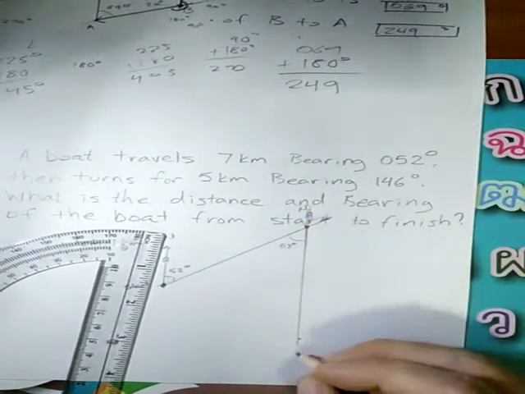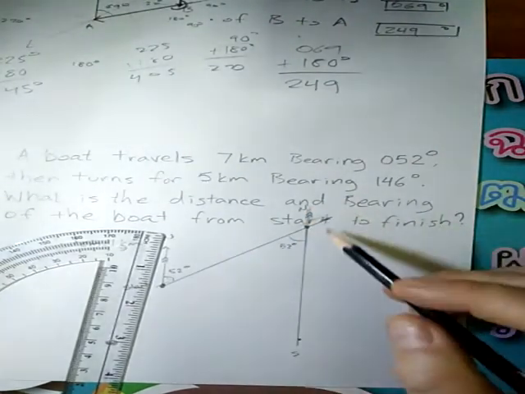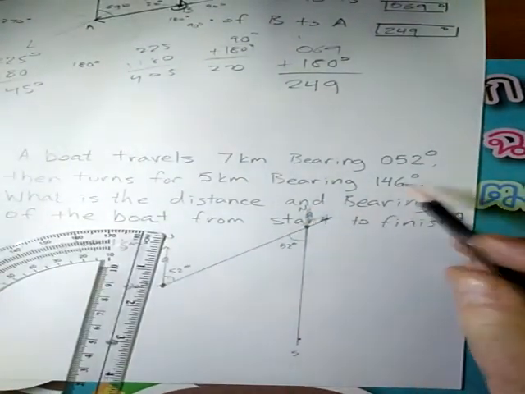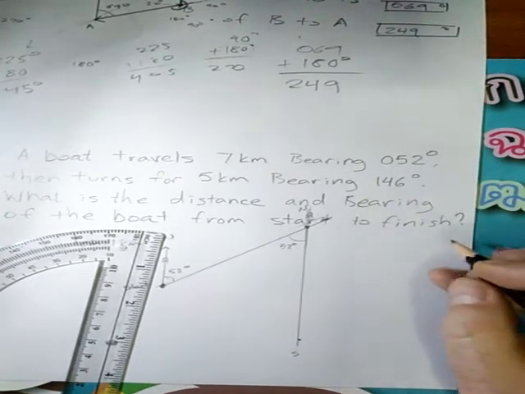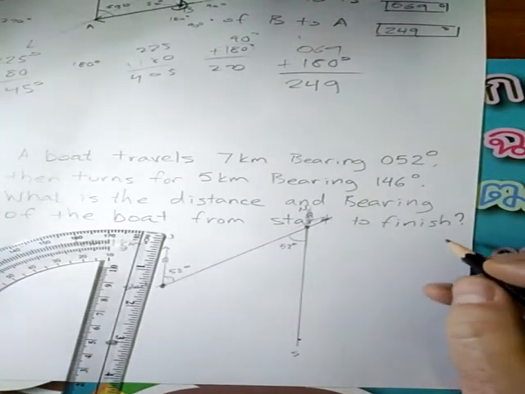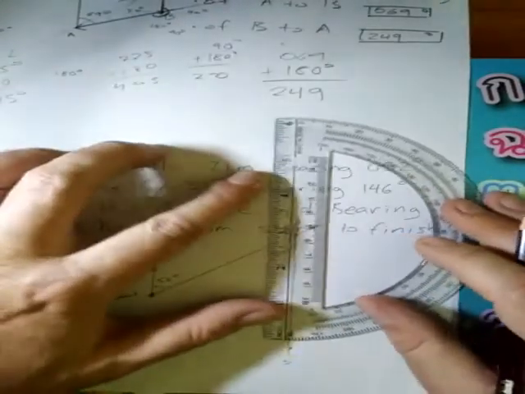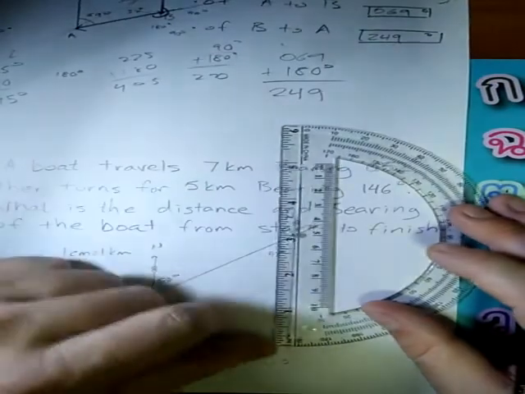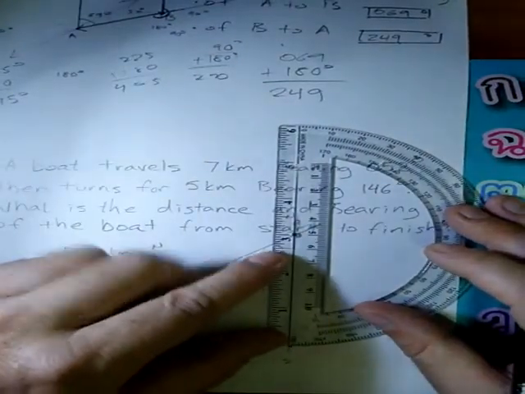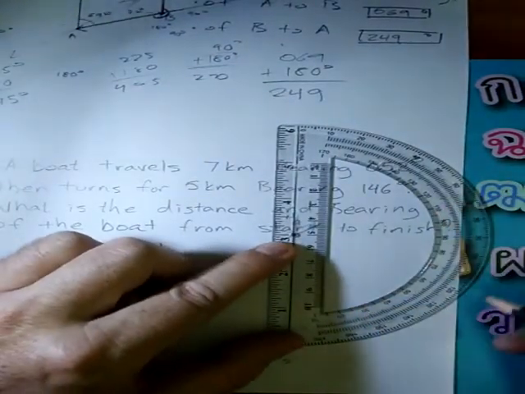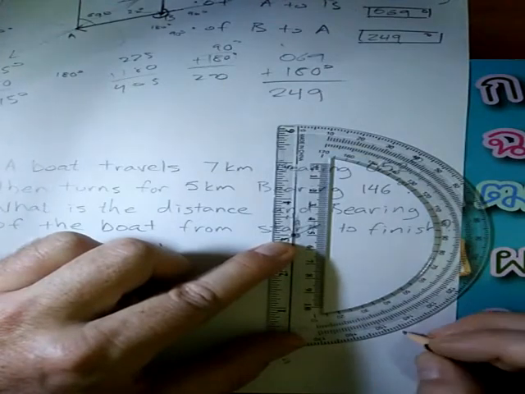So this would be north and this would be south. So this would be a bearing of 180, but I want to go bearing of 146. And you can do this a couple of different ways. Why don't we just measure a 146 degree angle? My battery's about to go dead. So here we go. It's lined up, and I want to find 146. Well, here's 145.